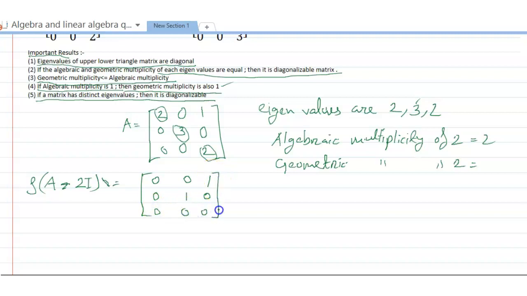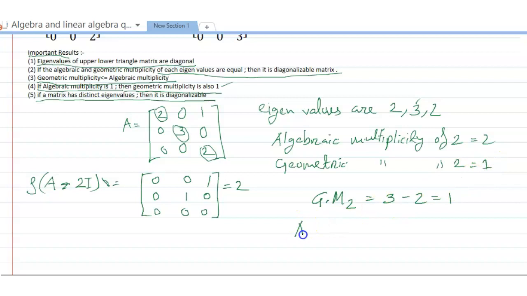So friends, we get that this rank is 2. So the rank of A minus 2I is equal to 2, and the geometric multiplicity formula is GM of 2 equals n minus rank, where n is the number of columns. This is a 3 by 3 matrix, so 3 minus 2 equals 1, so we get 1.